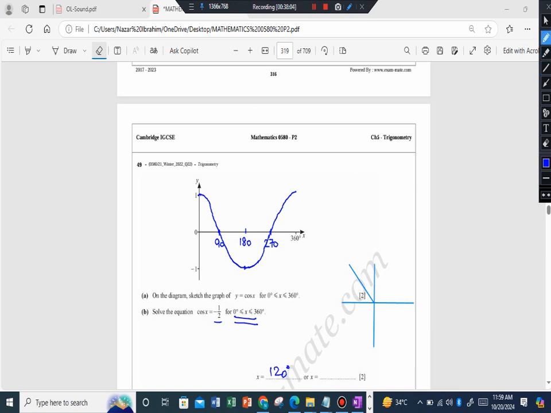So it is this part, right? 120 degrees. Okay, now this is A, this is sine. Of course cos is negative, that's why it's in the second quadrant. Third tangent, and fourth cos, so it will not be in the first and fourth, it will be in the second and third quadrant.